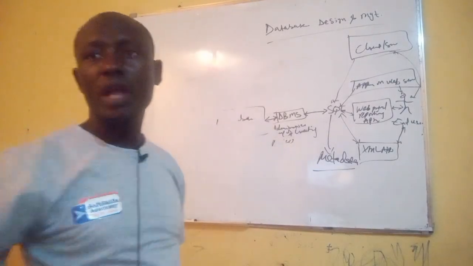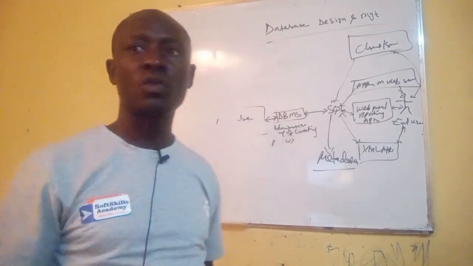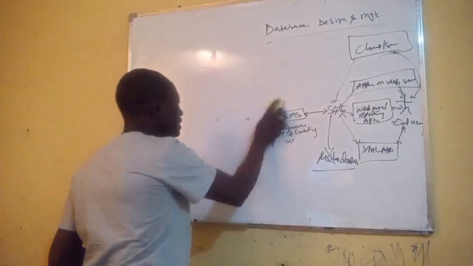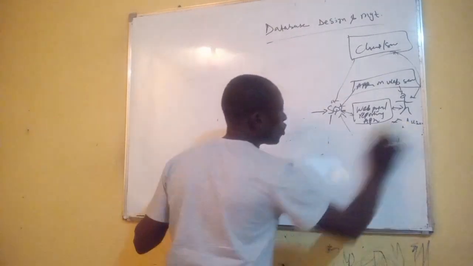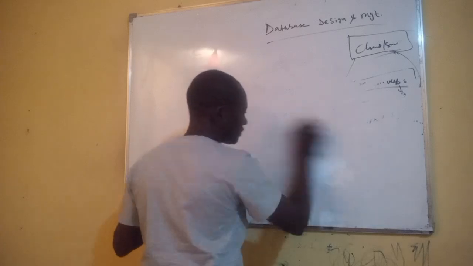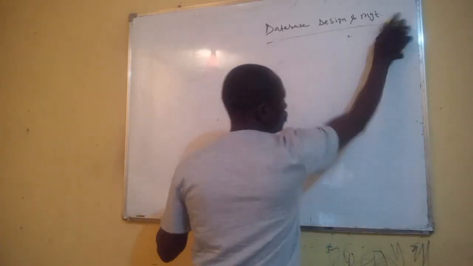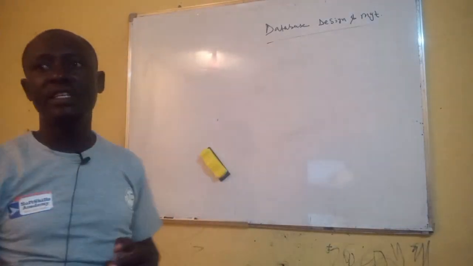So the next thing we are going to look at is the advantages, the roles, the functions of this database. One of the functions is that it allows us to create what we call a data dictionary. Whenever you want to create a database, try as much as possible to create a data dictionary.